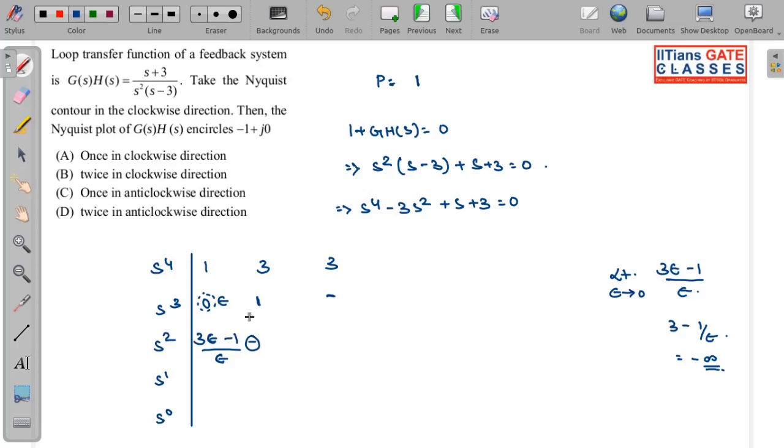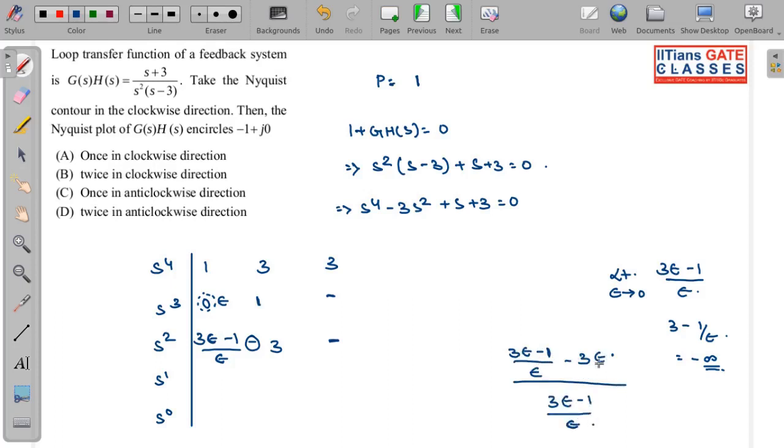So remaining I have to calculate. So this will be 3 epsilon minus 1 divided by epsilon, minus 3 epsilon divided by 3 epsilon minus 1 by epsilon.